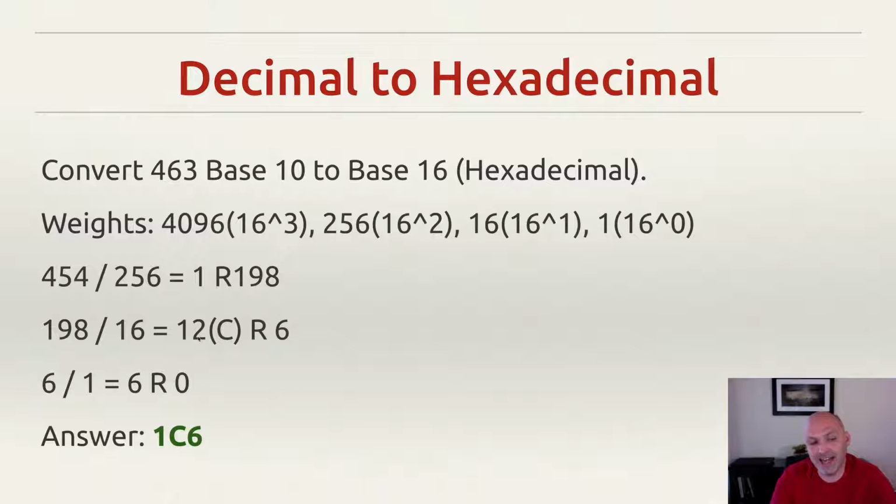Now remember, in hex, 12 is represented by a C. So if you write a 12 here in decimal, just remember that when you give a final answer, you're going to want to record it as a single-digit hexadecimal answer, which in this case would be a C. The remainder is 15, which we bring down and divide by our final weight, which is 1. That means we end up with a value of 15, remainder 0. So our answer is 1CF, which is our hexadecimal equivalent to the decimal number 463.